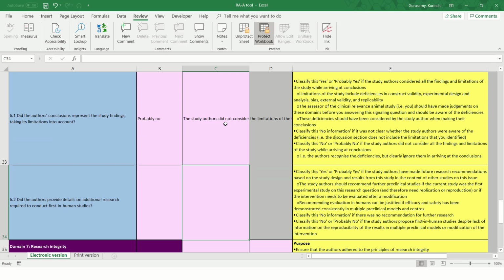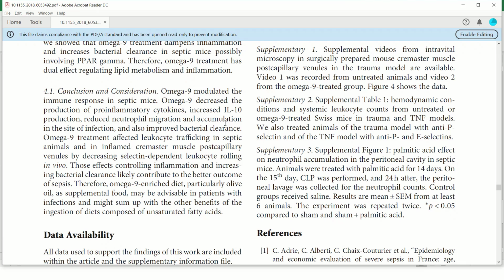And certainly they made the wrong call on additional research, because there is no evidence that it was reproducible or anything at all.